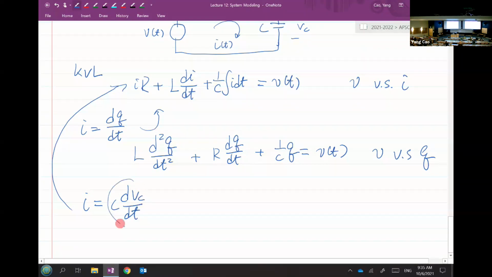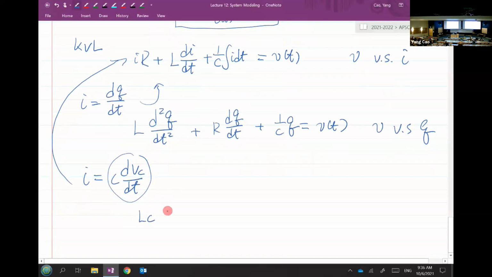So you substitute I in here, and you get LC d squared Vc over dt squared, and then RC dVc over dt. And when you substitute into the integral, the 1 over C cancels the C, and you just get Vc back, and then V of t.